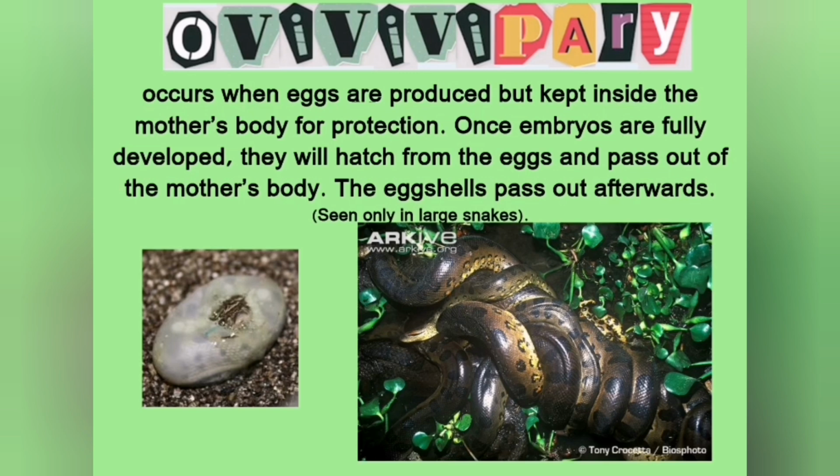So it's something between ovi, which is egg laying, and vivi, which is live birth. So between oviparous, viviparous, and ovivivipary, viviparous would obviously be the most successful strategy to have, because the offspring is best nourished and best protected.